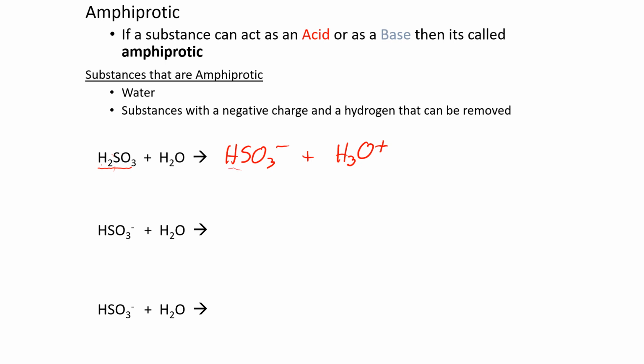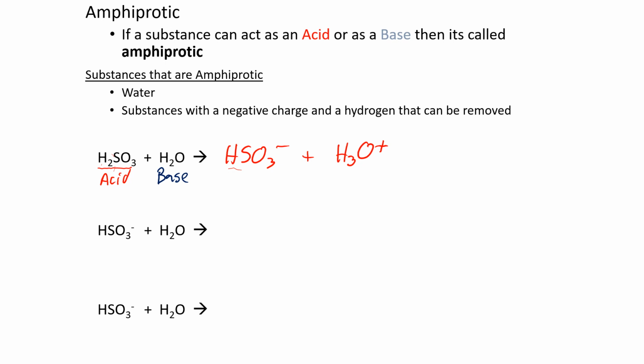Since it donated, it gave up one of its protons. That made it an acid. And this H2O turned into H3O plus. It accepted a proton. That makes it a base.